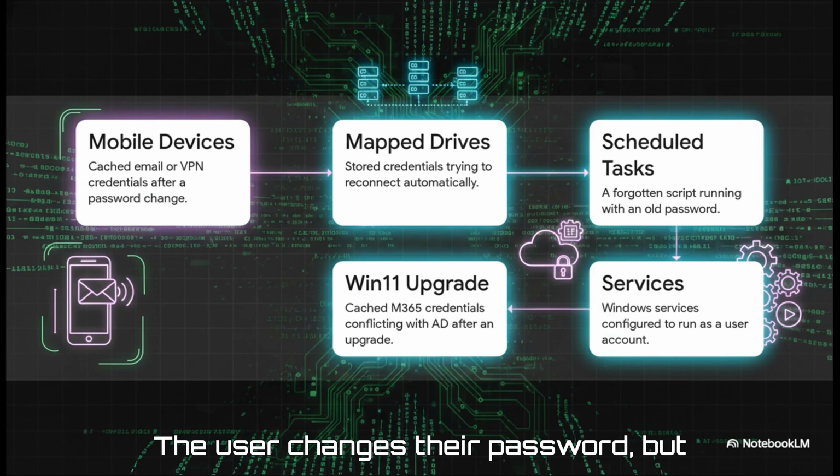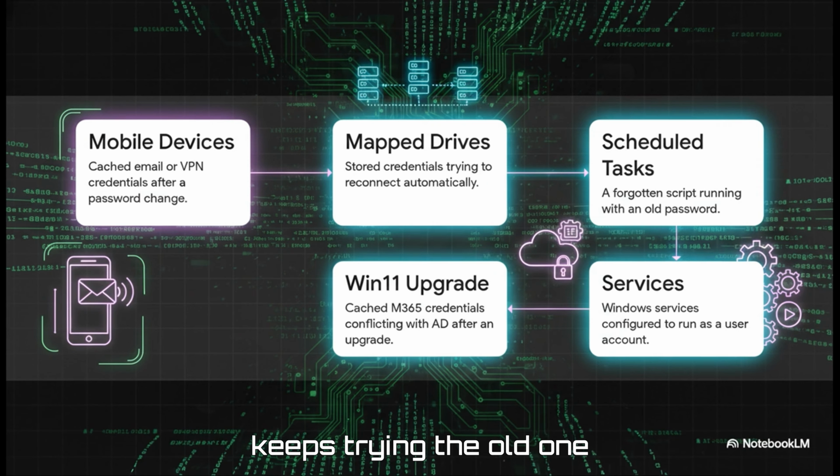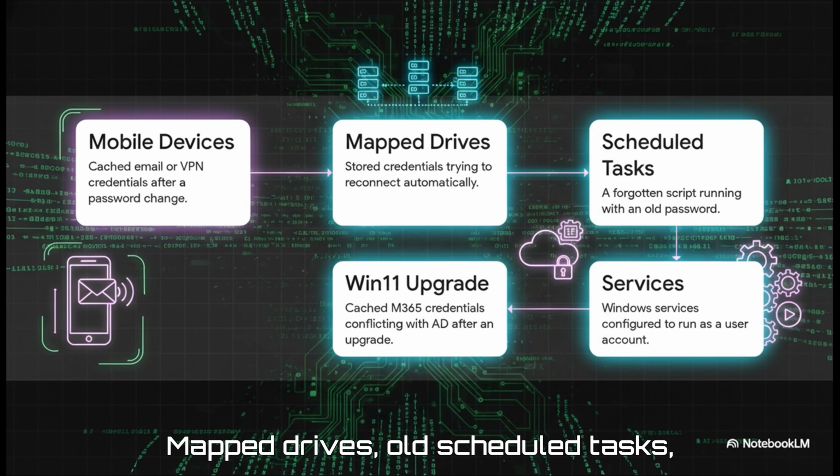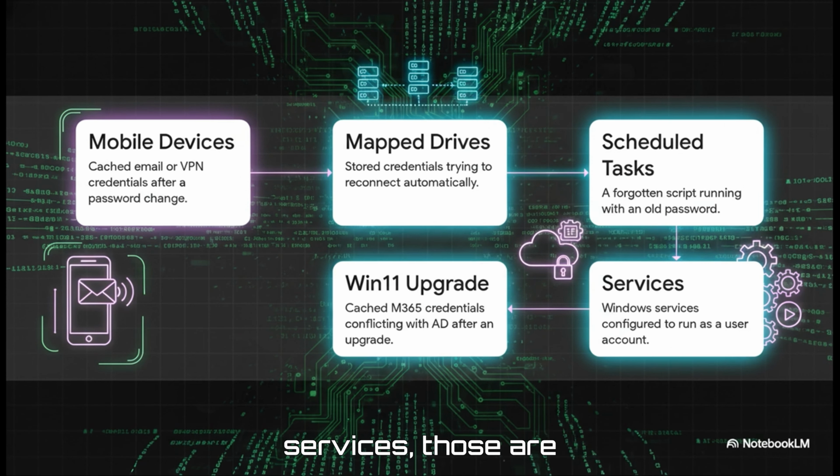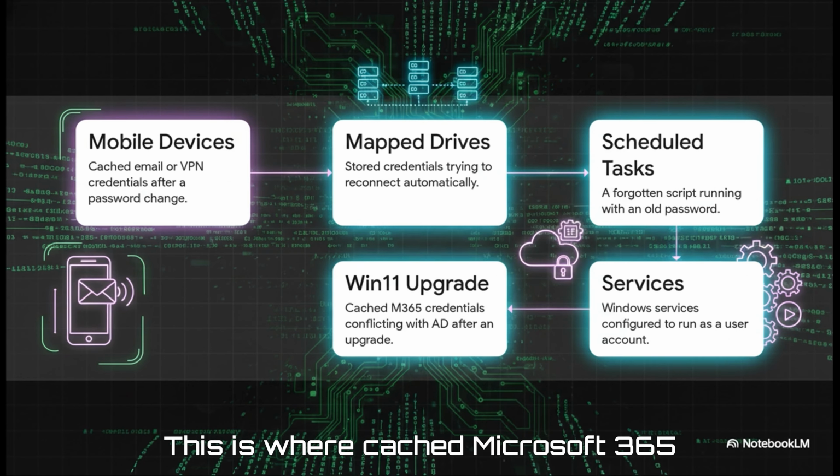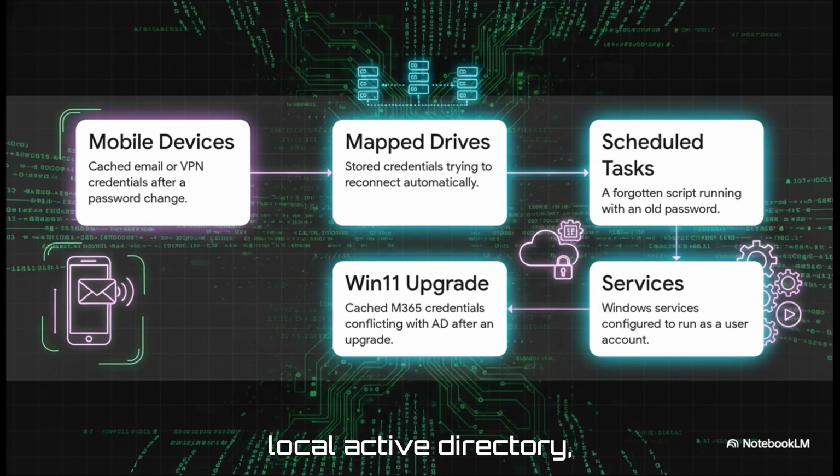The user changes their password, but their phone's email app keeps trying the old one every few minutes until, bam, locked out. Mapped drives, old scheduled tasks, services, those are classic culprits too. And there's a sneaky new one, the Windows 11 upgrade bug. This is where cached Microsoft 365 credentials can clash with your local Active Directory, causing a flood of failures, specifically Event ID 4771, that'll lock an account out real fast.